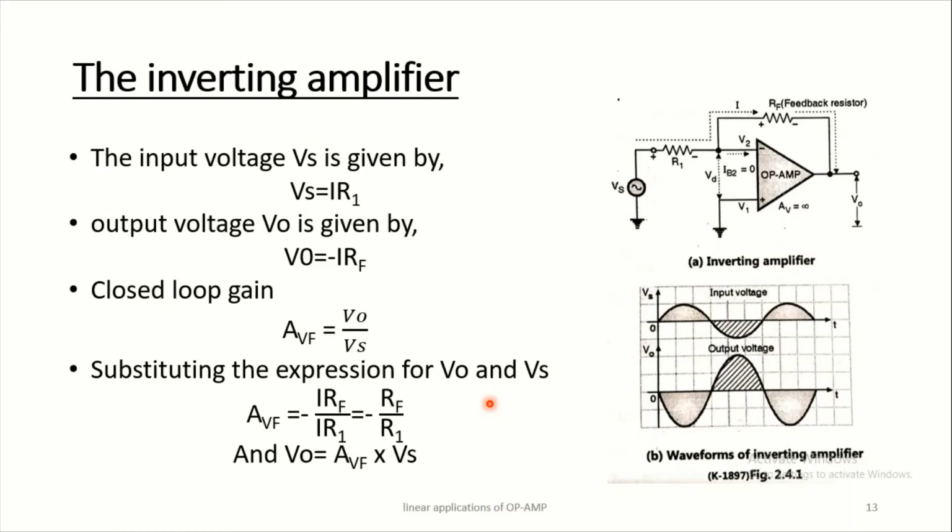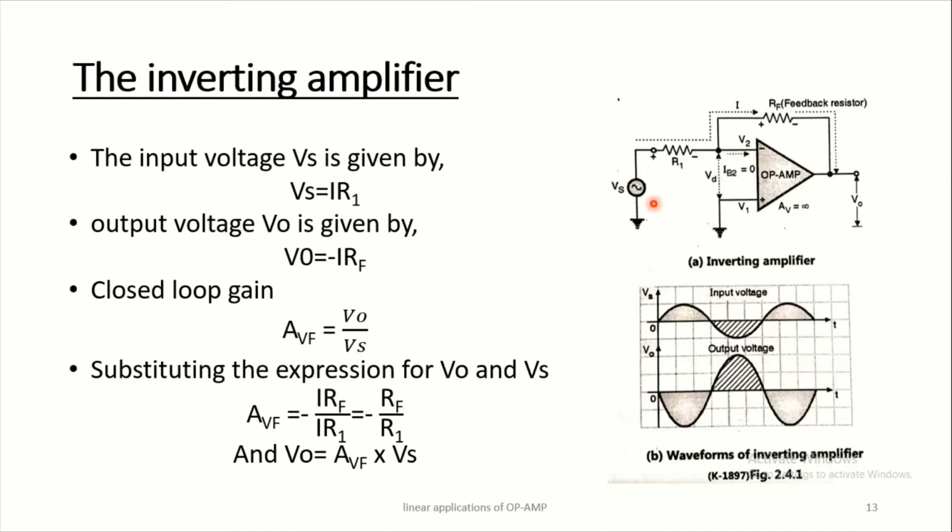Inverting amplifier. The circuit diagram of the inverting amplifier is shown in the figure. The signal which is to be amplified, Vs, is applied at the inverting terminal of the op-amp.